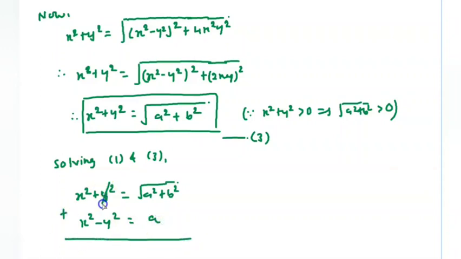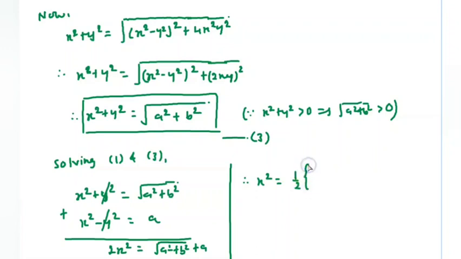Adding the two equations you will get 2x square is equal to square root of a square plus b square plus a, and therefore x square is equal to 1 by 2 into square root of a square plus b square plus a. Clear? This is the value of x square.